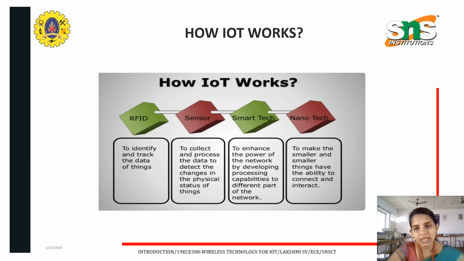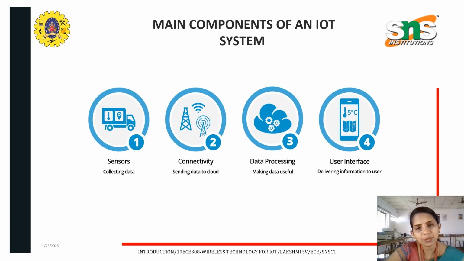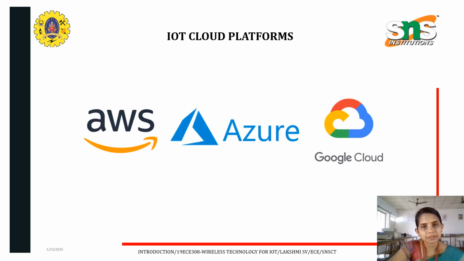To make smaller and smaller things able to connect and interconnect, we go with nanotechnology. The main components of an IoT system, as discussed, are sensors, connectivity, data processing, and user interface. There are also a lot of IoT cloud platforms available, like Amazon Web Services, Microsoft Azure, and Google Cloud.